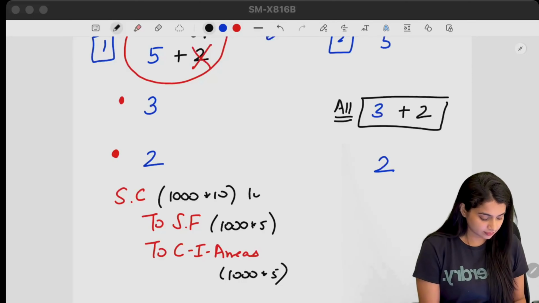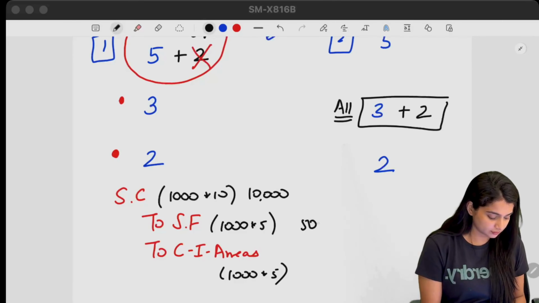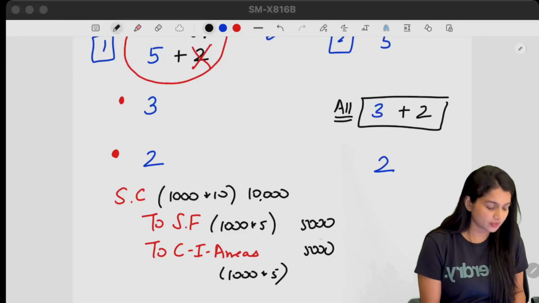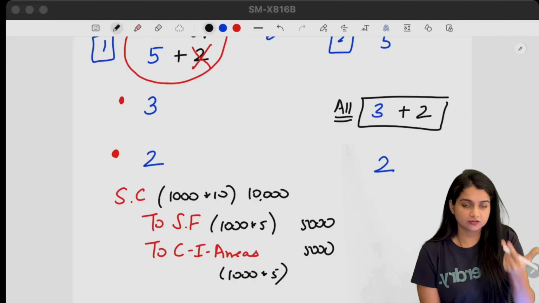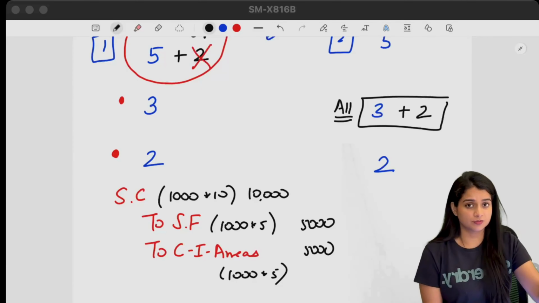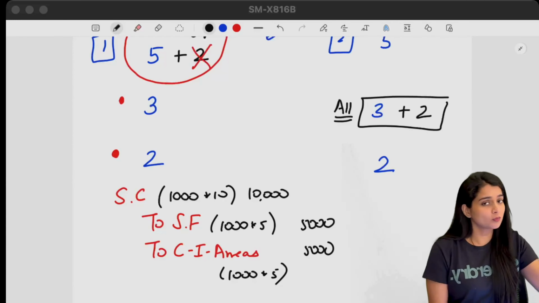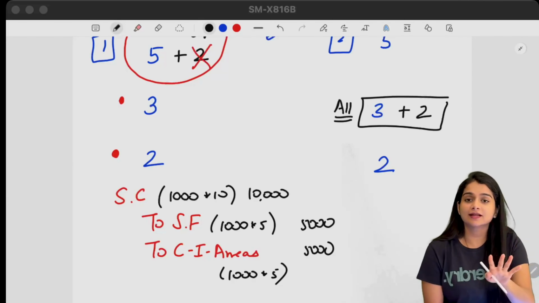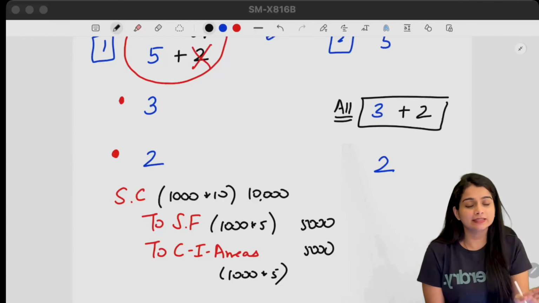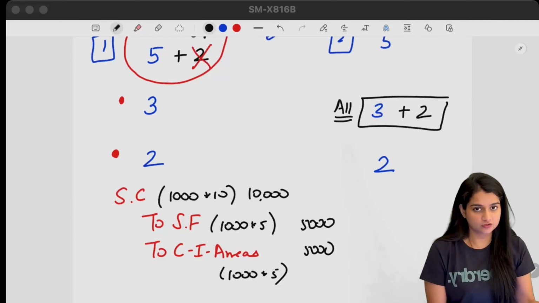Same: 10,000, 5,000, 5,000. To summarize this, I'm going to say this again. If a sum has premium, but the premium has been paid properly, no problem there, then in that case, ignore the premium completely in the share forfeiture entry.